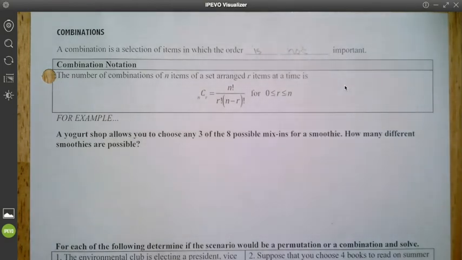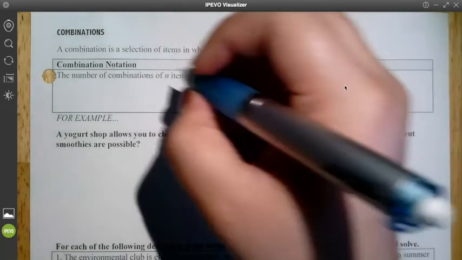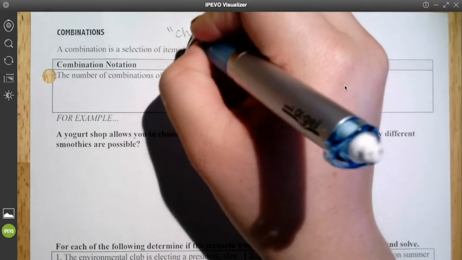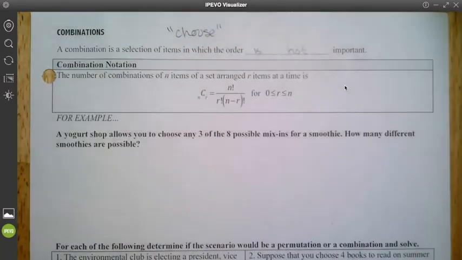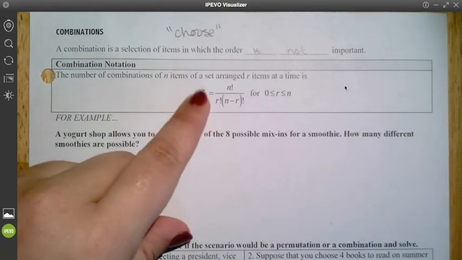So if order is not important, then it is a combination. And the key word for combination is that we are choosing. Now, if it uses the word choose, that does not mean it's a combination, but when we read a combination, we're going to use choose for the C.